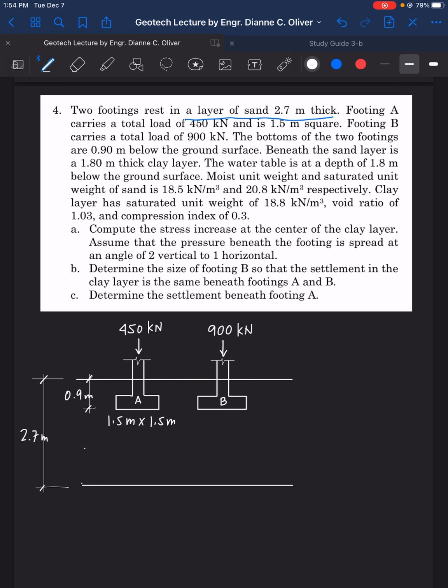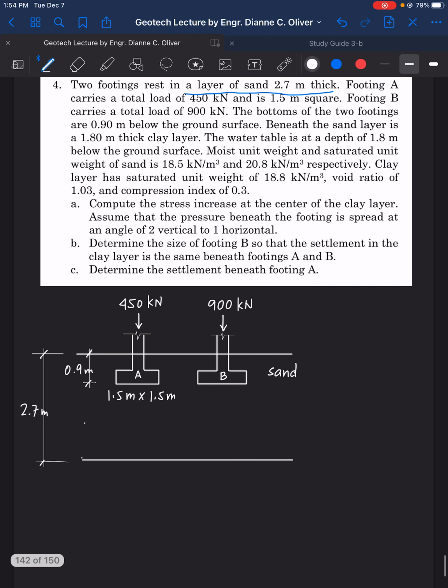So this is sand. Then what else can we read from here? Beneath the sand layer is a 1.8 meter thick clay layer. Okay, so 1.8 meters, so that means 2.9.